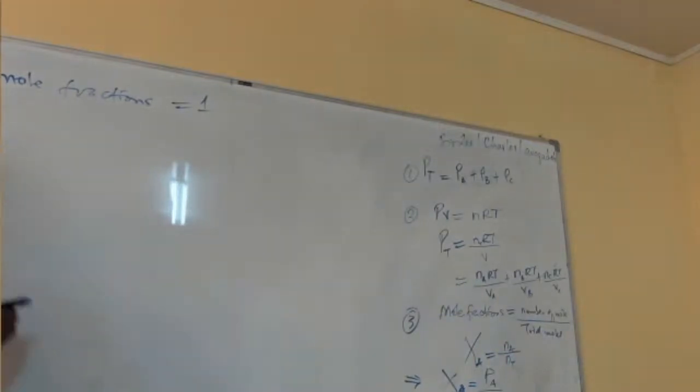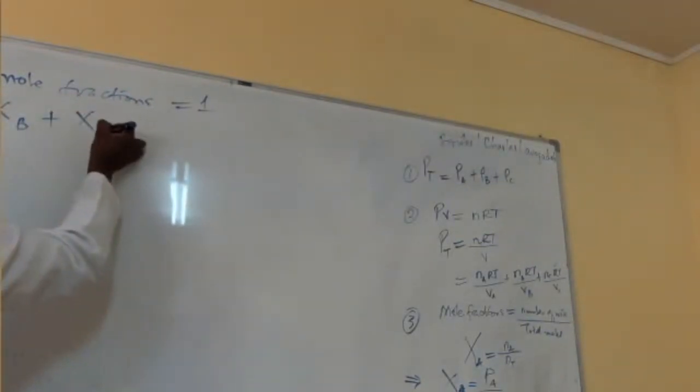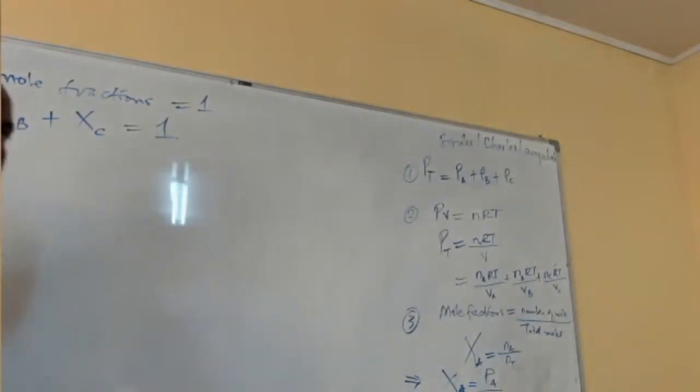Okay, so in this case, what we are saying is that the mole fraction of A plus the mole fraction of B plus the mole fraction of C should be equal to 1.